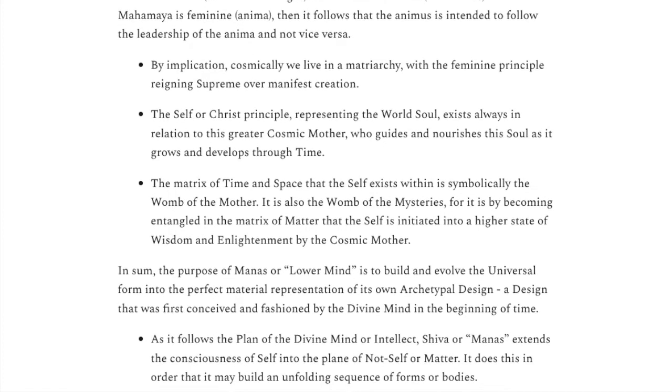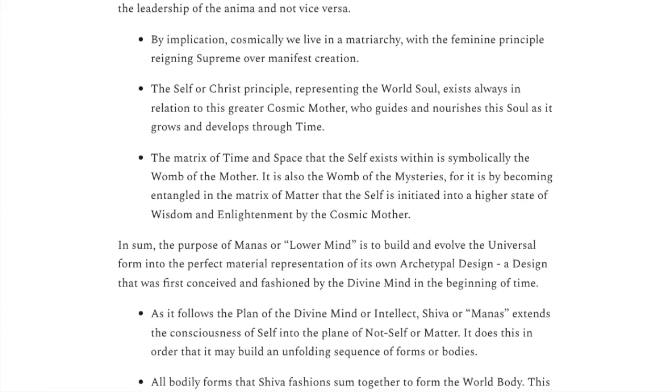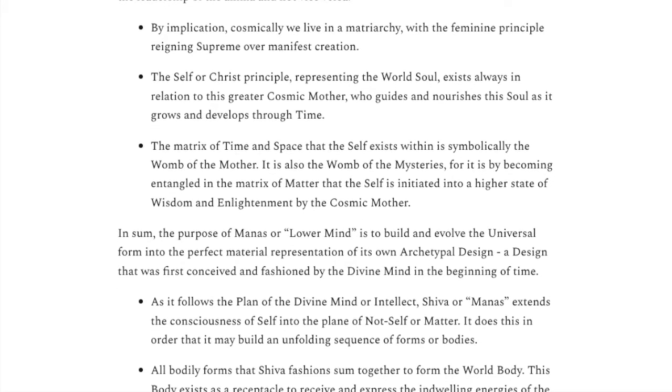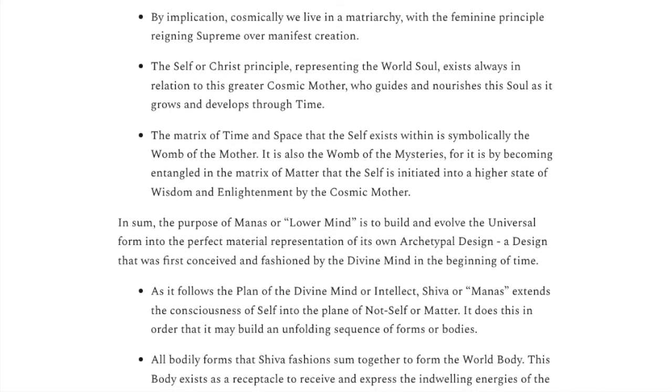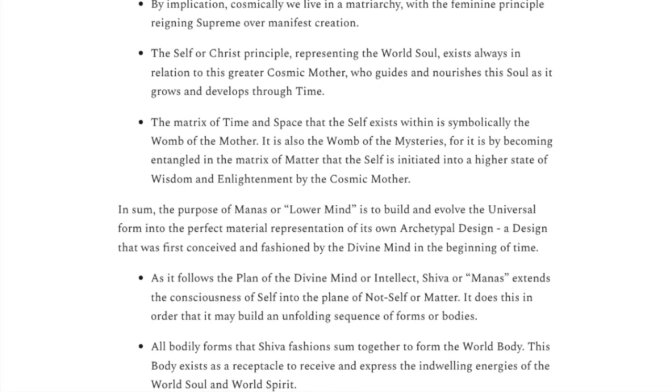So it exists always in relation to this greater cosmic mother who guides and nourishes the soul as it grows and develops through time, the world soul, but by implication, each individual soul as well. So the matrix of time and space that the self exists within is symbolically the womb of the mother. It is also the womb of the mysteries, for it is by becoming entangled in this matrix of matter that the self is initiated into higher states of wisdom and enlightenment by the cosmic mother.